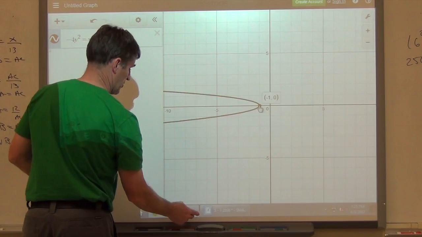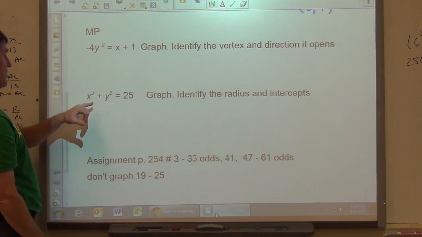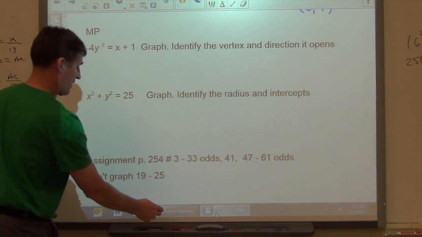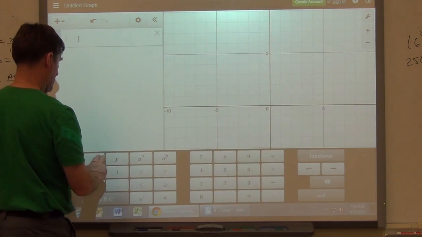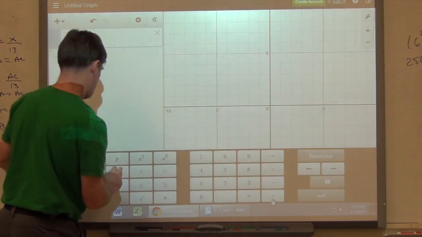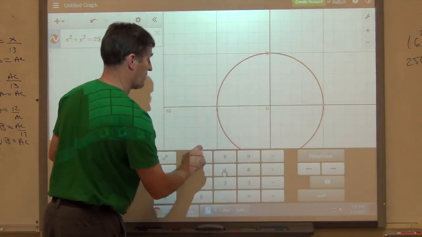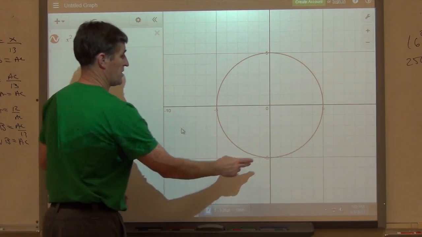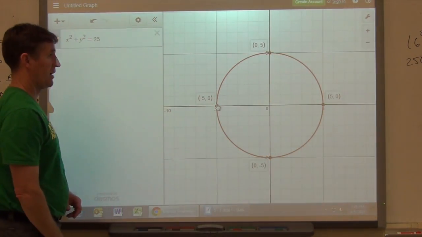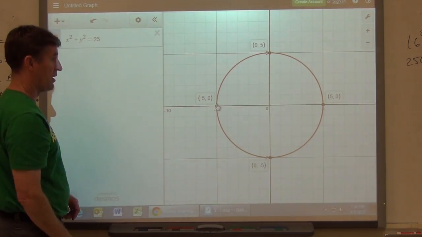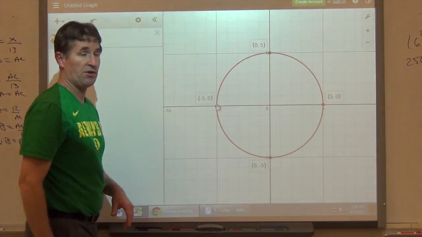And then let's look at the circle. The circle is x squared plus y squared equals 25. And you can see your intercepts are at 0, 5, and so on. And our radius would be 5, and you're done.